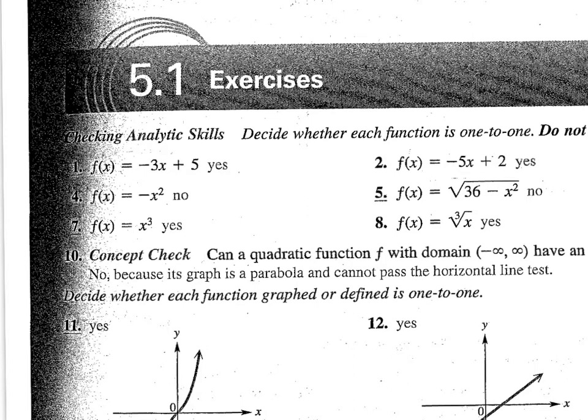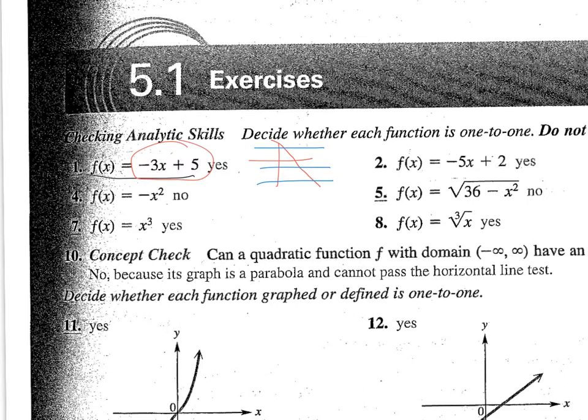One of the things you're going to look for is the graph of this function, and we probably recognize the graph of this as being a line. And if you didn't know that, just put that in your calculator and graph it. You get a line, and when you apply a horizontal line to that line, no matter where you put it, it hits the graph in one location. So this is a one-to-one function.